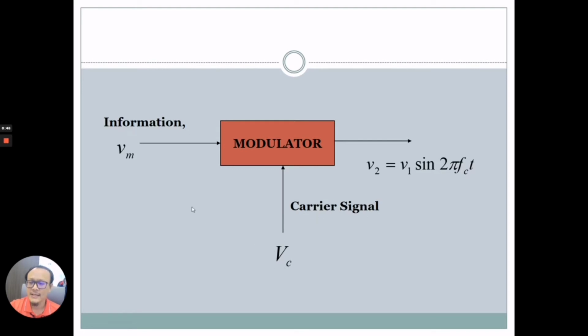The output is the modulated signal, the AM signal. So V2 is equal to V1 sine 2 pi FC t. FC is the frequency of the carrier signal.